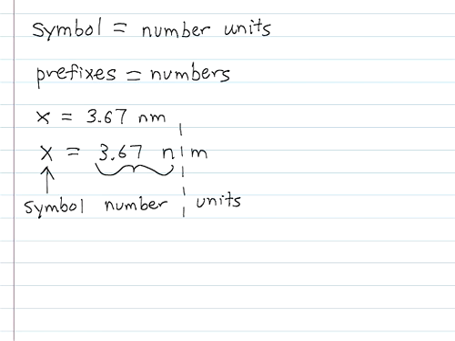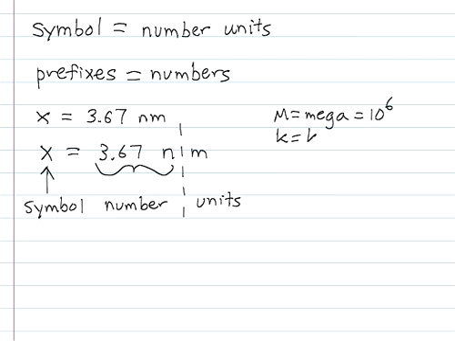That's a little bit confusing because we're using a letter to stand for a number. What you need to do is memorize what all these prefixes are so you can use them. Here are some common ones. M stands for mega, which is a million, 10 to the 6th power. So 1 followed by 6 zeros.